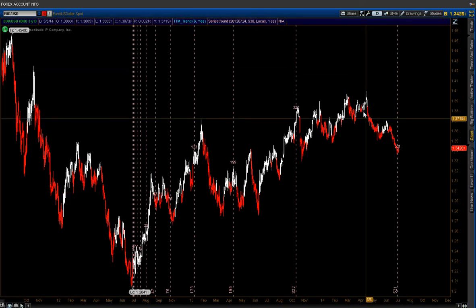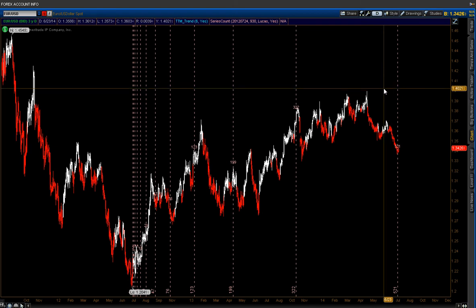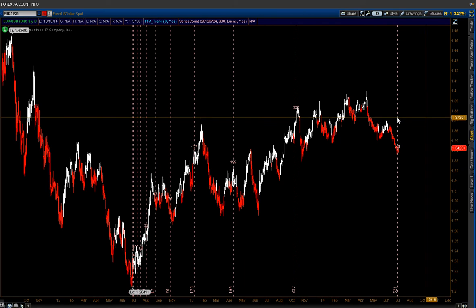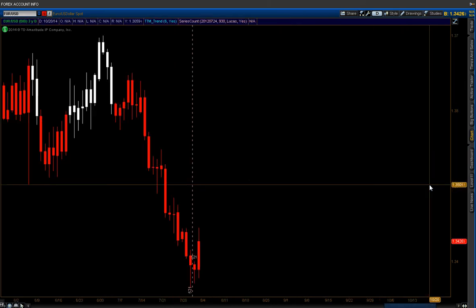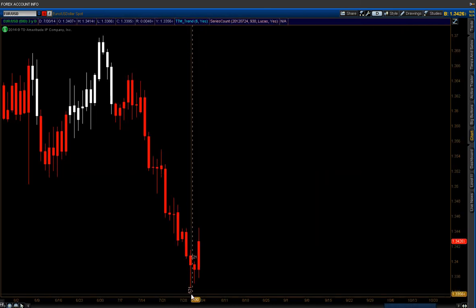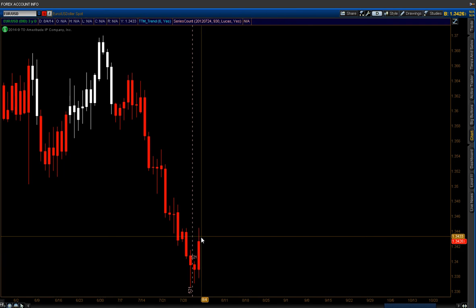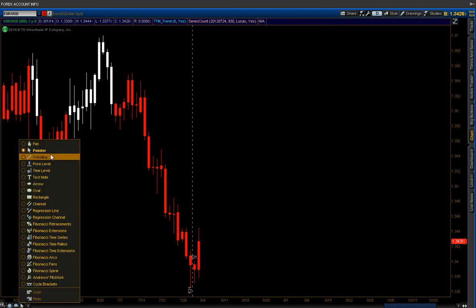Another thing that I want to show you is time series. Another indicator that I saw that this was going to be a possible low was that it was hitting the 521 time series. It's early in the game, it's the 31st and August 1st, so we got to see if this is gonna hold or not.